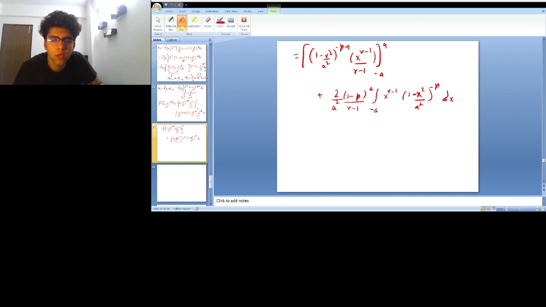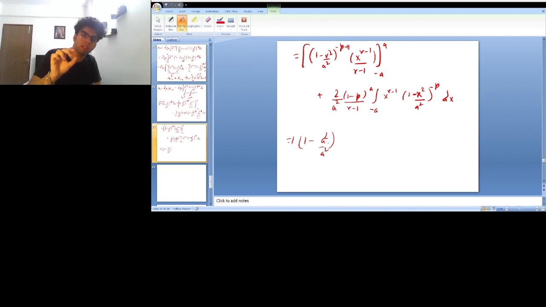Now if I substitute my limits in the first term in this expression, this will become 1 minus a square upon a square. So minus a square, I'll be taking this term out because the square of a and the square of minus a both are equal to a square.